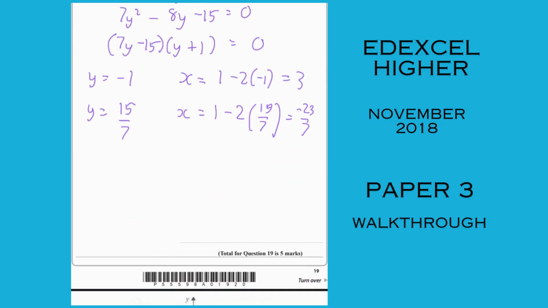Be careful how you write your answer down at the bottom. x equals 3, y equals minus 1, and, or put a slash or something, another comma can get messy. x is minus 23 over 7 when y equals 15 sevenths. So as far as quadratic simultaneous equations goes, reasonably standard.